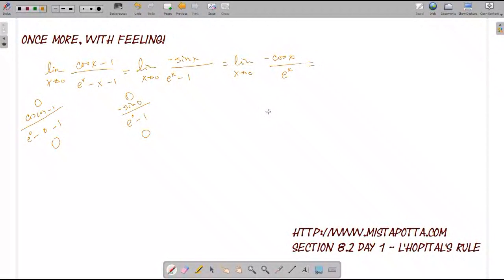And now I have the leisure of substituting and getting an actual answer. Because as x approaches 0, cosine goes to 1, and so I have negative 1 in my numerator, and substituting a 0 in the denominator gives me e to the 0, which is 1. So my limit evaluates to negative 1.